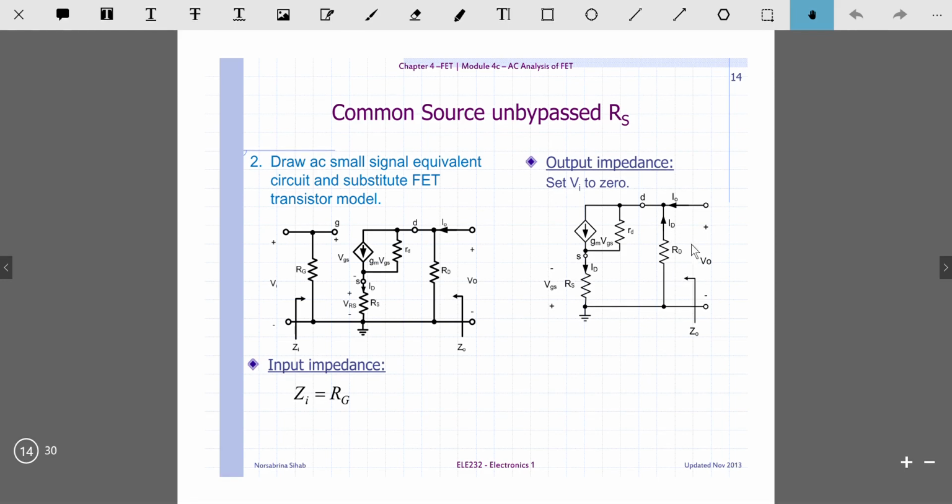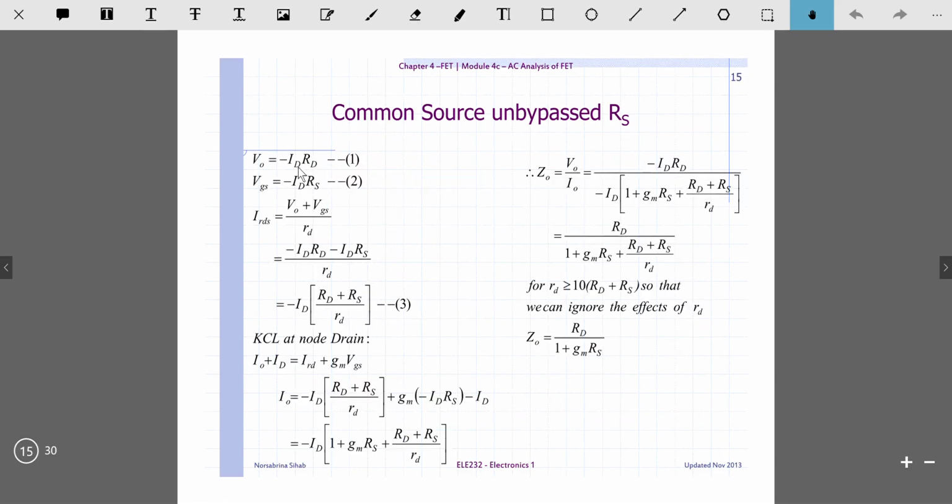So if your loop is in the anti-clockwise direction, your loop equation will be minus Vout plus IDRD equals 0. From there you will get Vout equals minus IDRD as in equation 1.